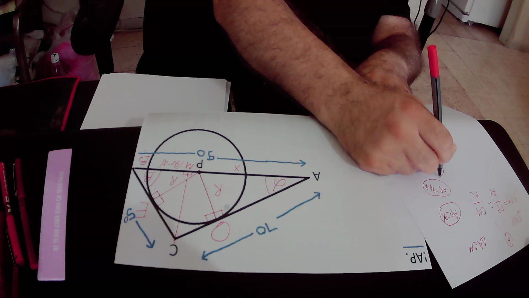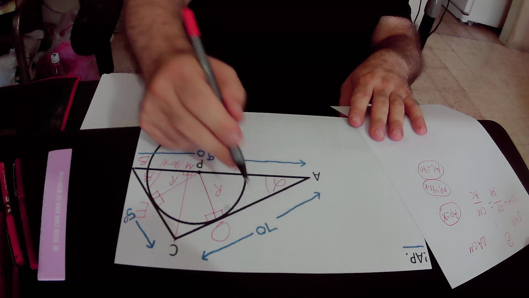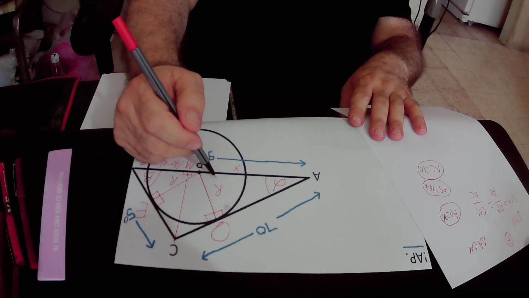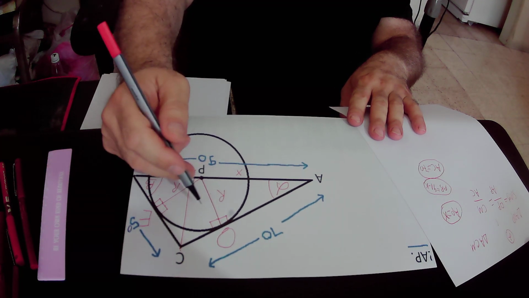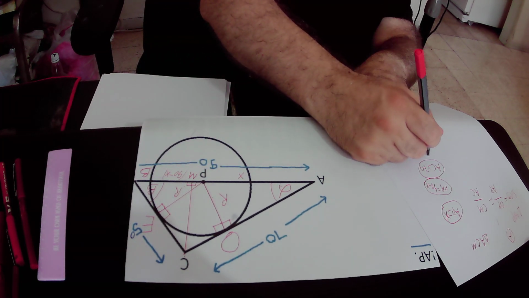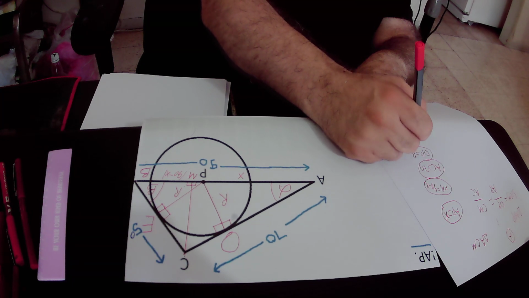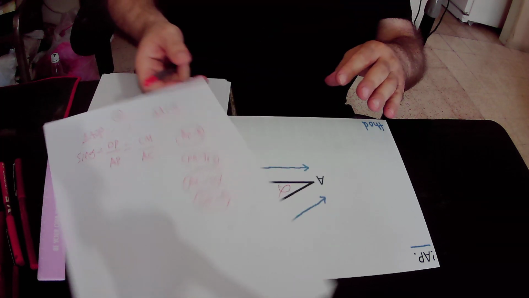It is given in the question that AC equals to 70 units, and OP equals to R, according to what we understand, that AP is equal to R. It is the radius of the circle. OP equals to R, yes? OP equals to R.